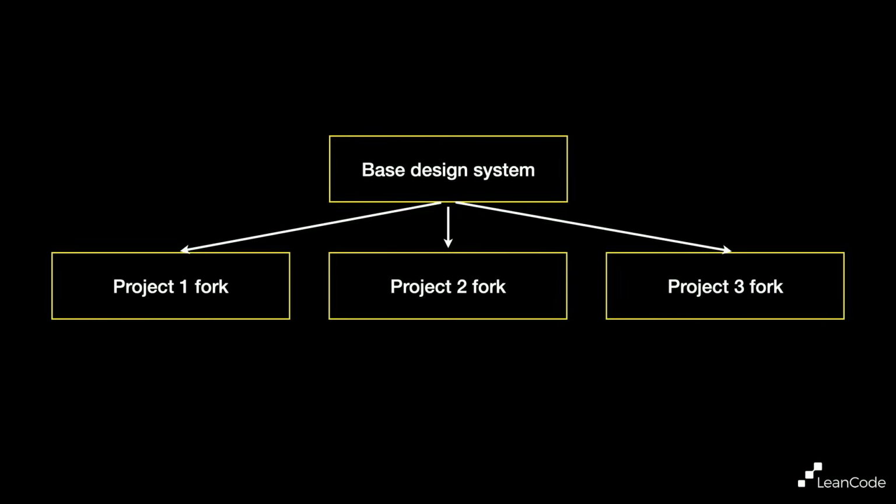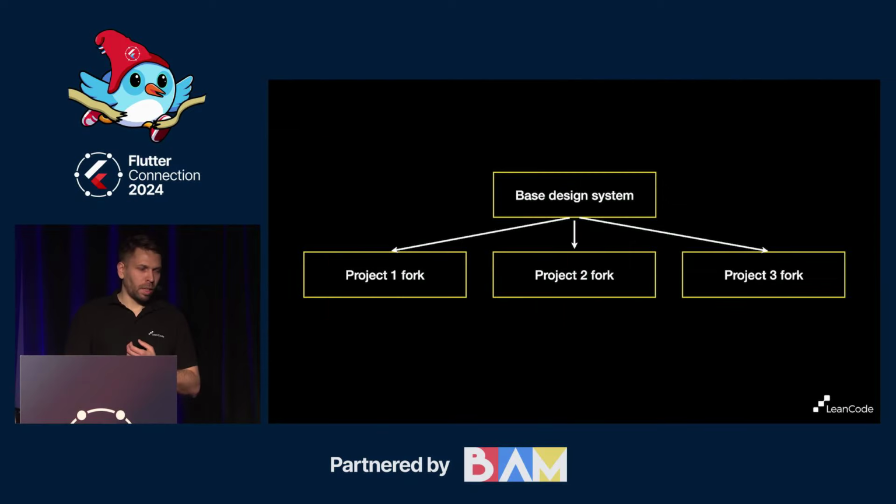And how this works is actually this is a base Dart package that we just copy and paste to a new project. And it lives its own life from then on. So it's not like we're getting updates from upstream, because that would be hard to integrate.